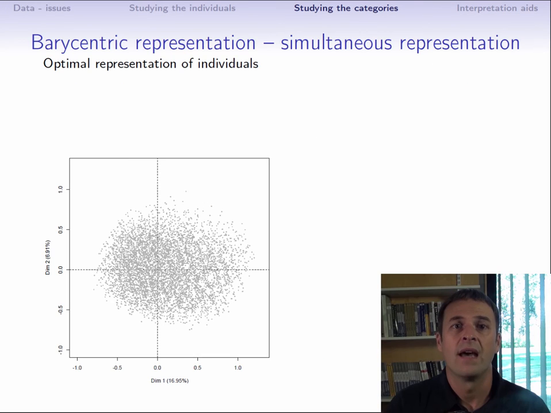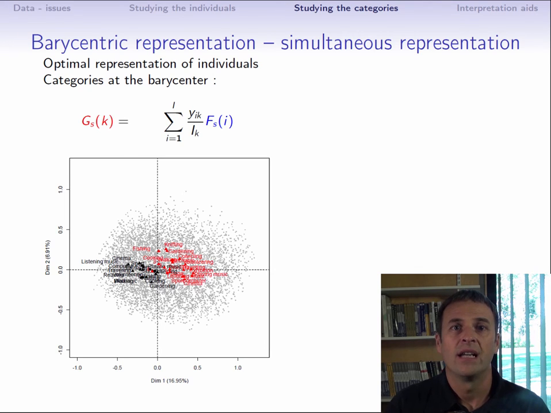Now, let's take a pause and a stock of all these graphs we have plotted and try to see if we can find any connections between them. First, let's go back to the optimal representation of the point cloud of individuals that we constructed in the previous video. To interpret it, we have placed each category at the barycenter of the individuals in it.